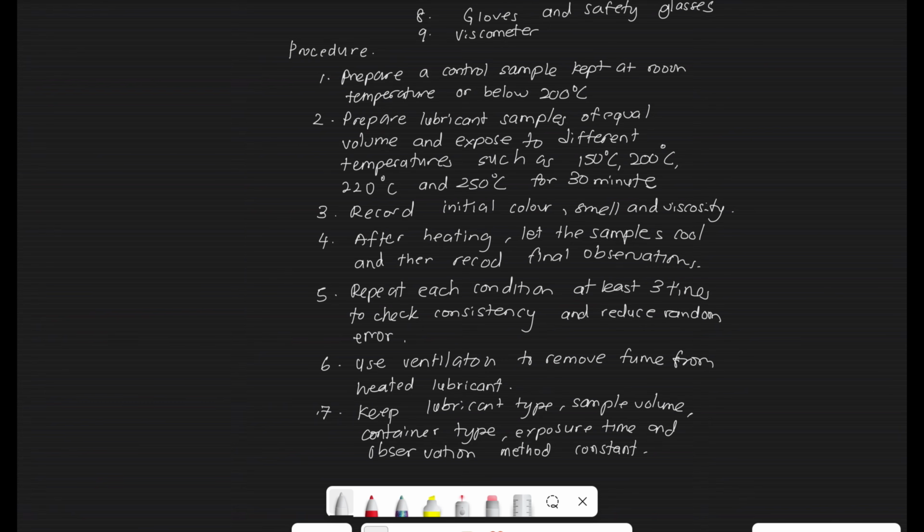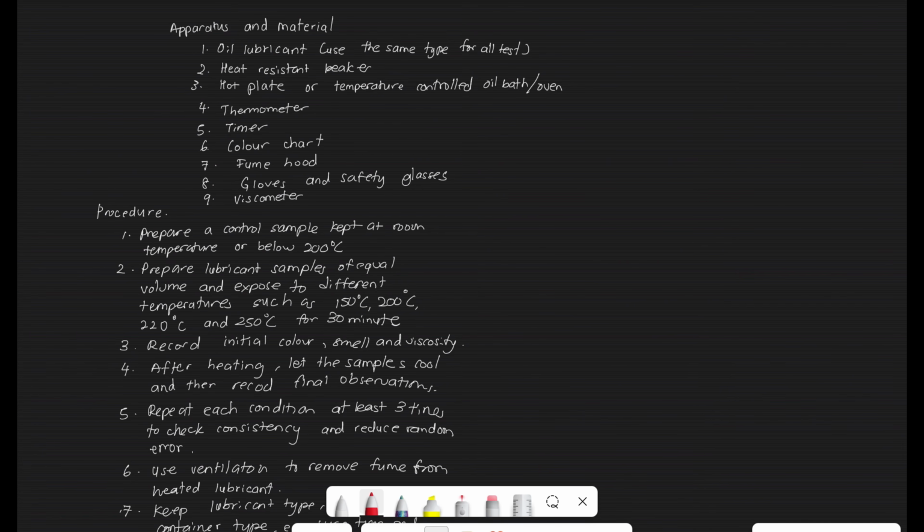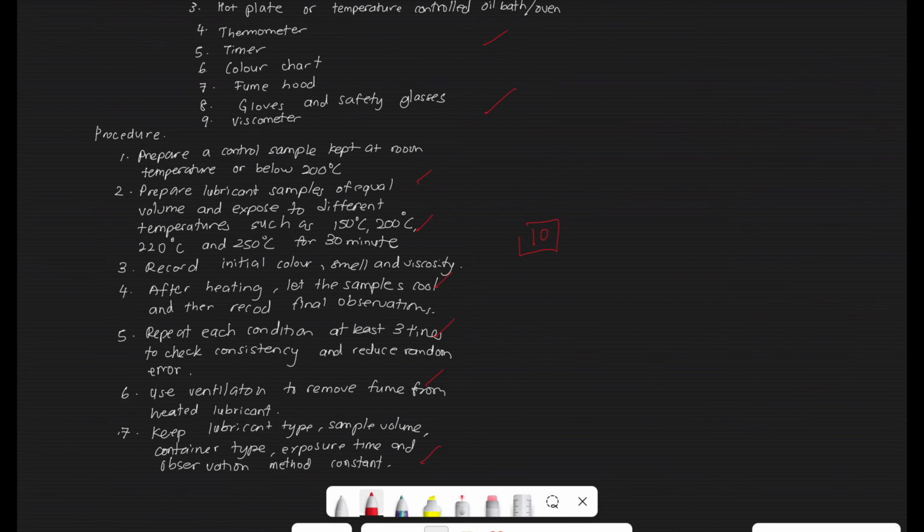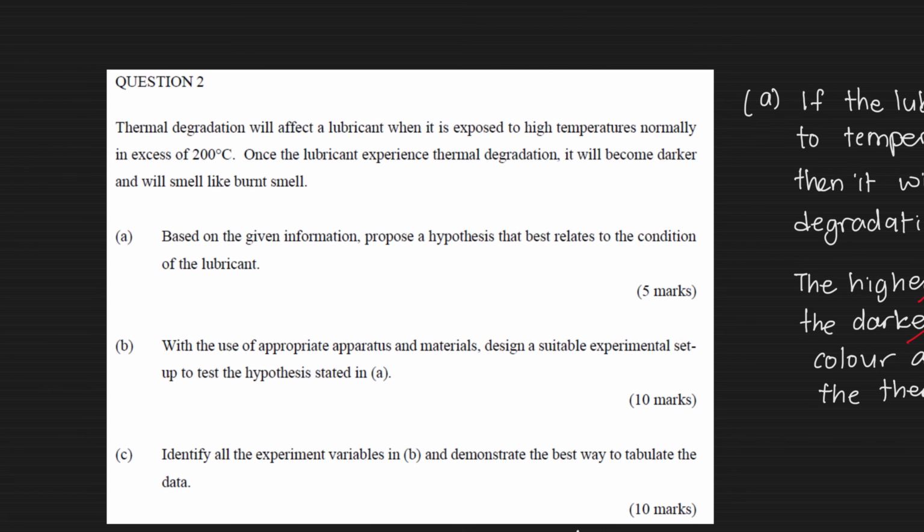Okay, so for this question, you will get 10 marks. So from the procedure and apparatus, you get 10 marks. Okay, now let's look at question C.